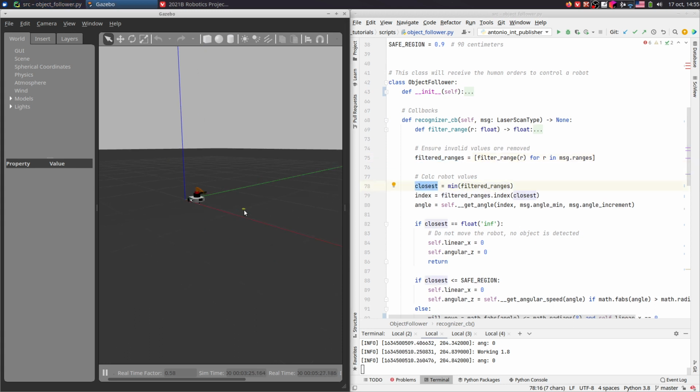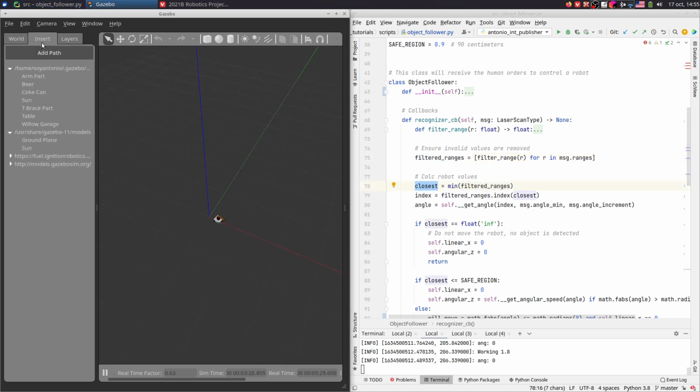Then, for example, if I insert a beer, the closest coordinate that will be followed is this one. Well, we are getting the closest, and with that we get the value of the distance from our robot to the object. Once we have the distance, the magnitude, we get the index that has this value.